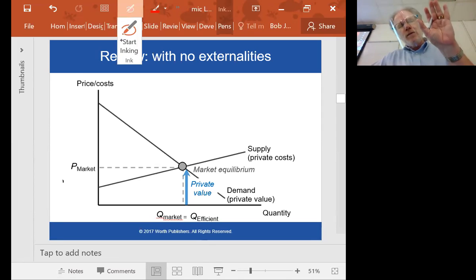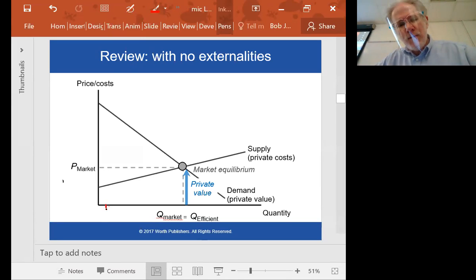If there are no externalities and you have a free market, then you've got the demand curve. Remember what the demand curve shows you. It shows you how much consumers want at each price, but it also shows you the value consumers place on each extra unit.